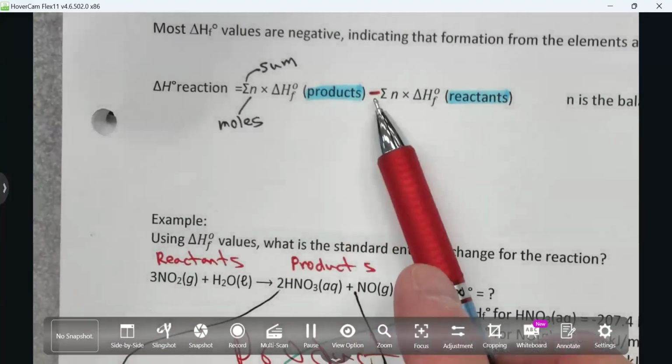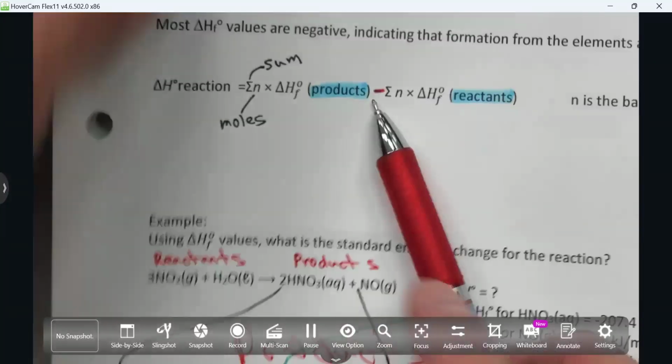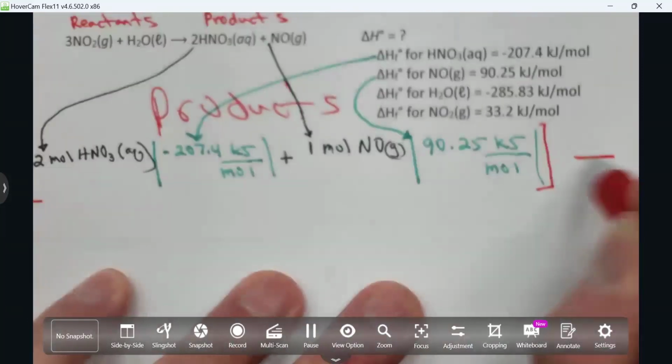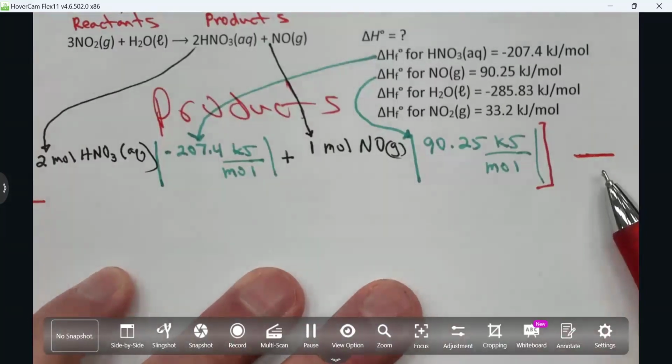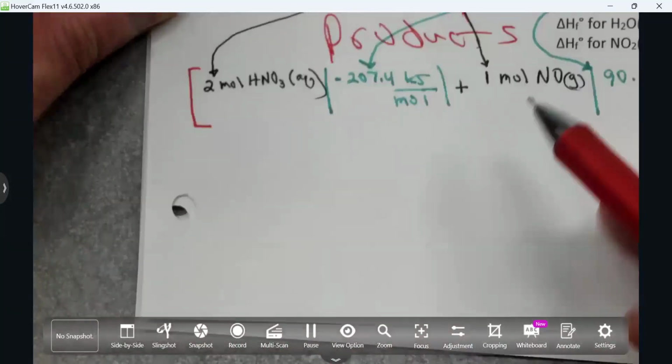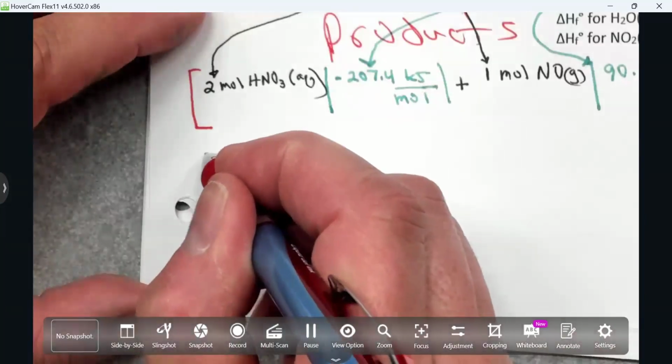I need this subtraction sign right here yet. We're going to subtract. I'm going to put a big subtraction sign right there. Products minus reactants. Now I'm going to do the same thing for the reactants. So I'm going to do my bracket here.